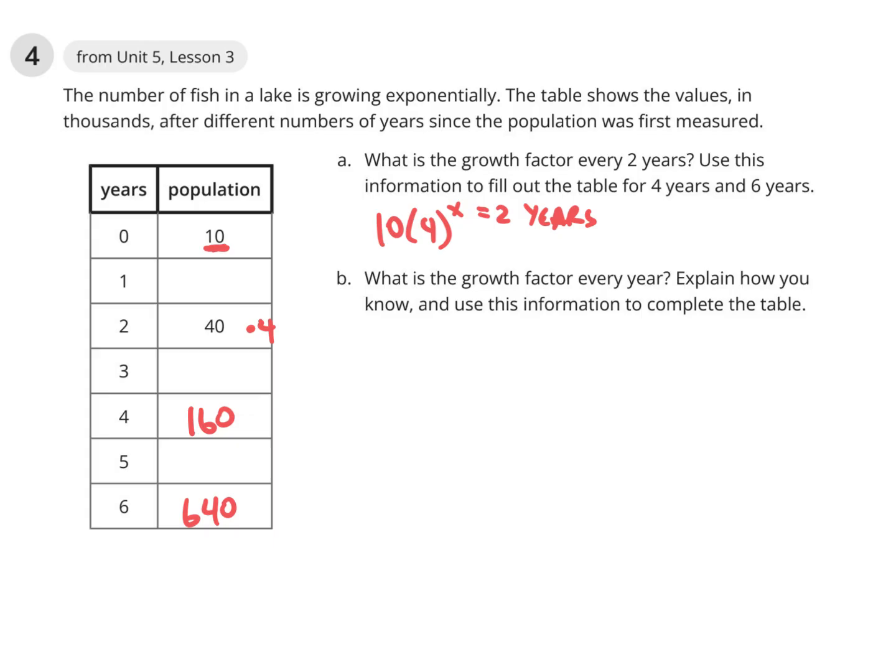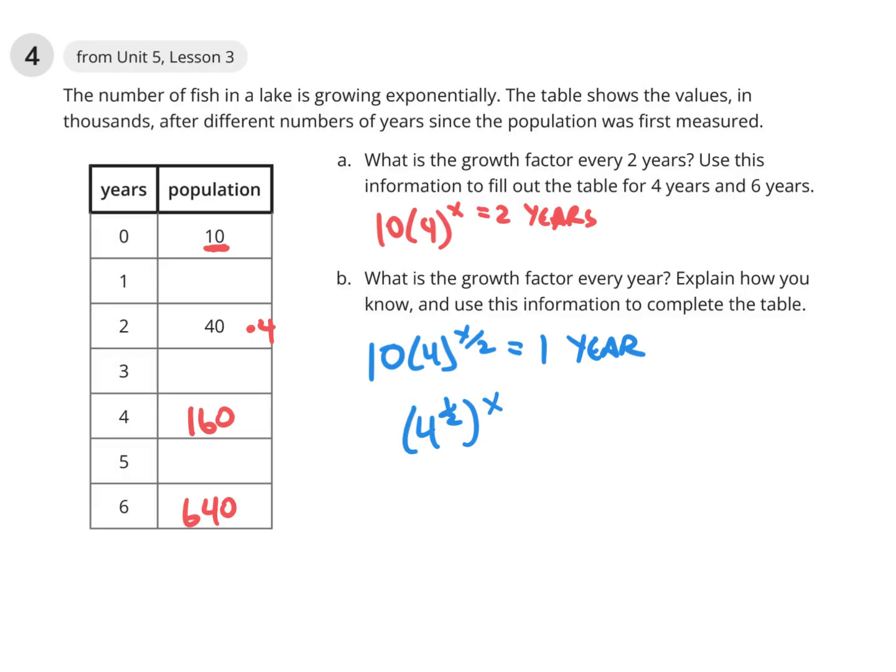And then at 3 jumps, I'm at 640. So now, what will we do to get this down to 1 year? All I got to do is divide. Let me do this in a different color. All I got to do is divide my time by 2 to get it down to 1 year. So 10 times 4 to the x over 2, this equals 1 year. So now what I'm going to do is take the 4 and raise it to the 1/2 power.